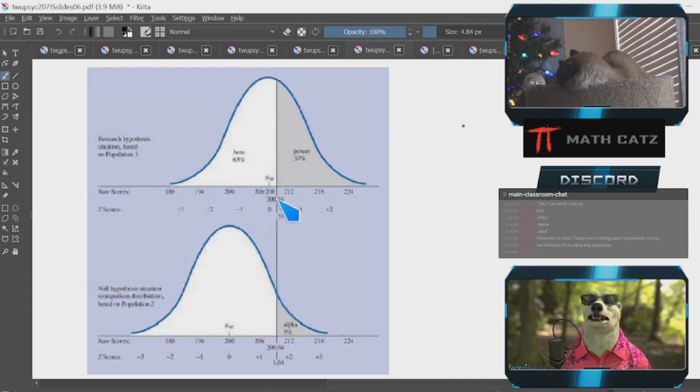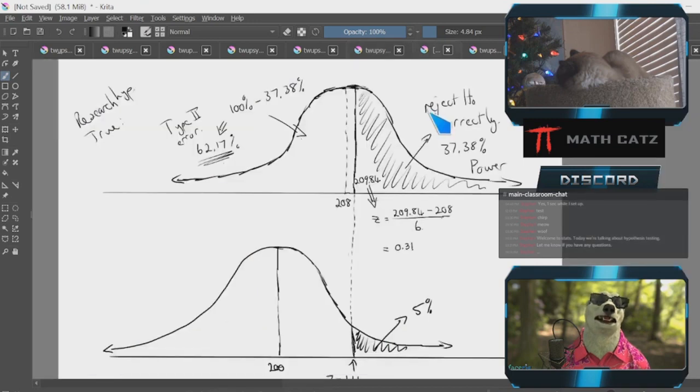The cutoff then is a different situation. We're much more likely potentially to reject when we should have. And we can calculate these two regions, power as well as type 2 error. It's a little bit prettier than my sketch, but I guess there's nothing wrong with mine. So start with the comparison distribution, follow it up, and calculate those regions.